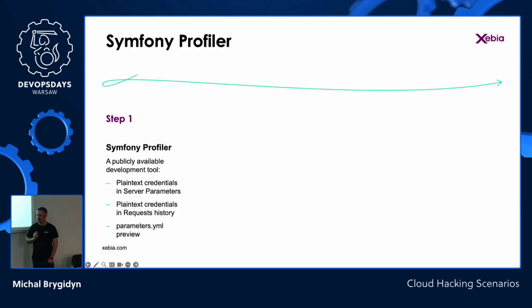Why? Because this tool, when I have access to this tool, it gives me plain text credentials from server configuration, from environment variables. It gives me the full request history, with all requests to your app. And sometimes in some versions I can also check contents of all files in the project because there's a vulnerability in that as well.